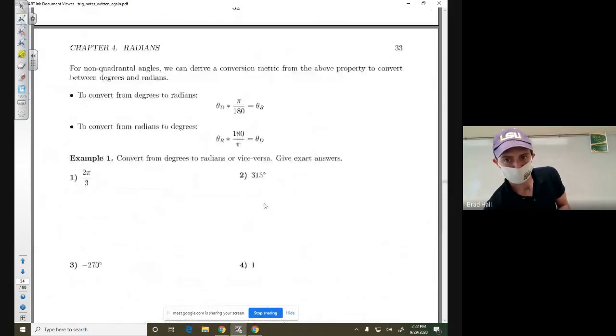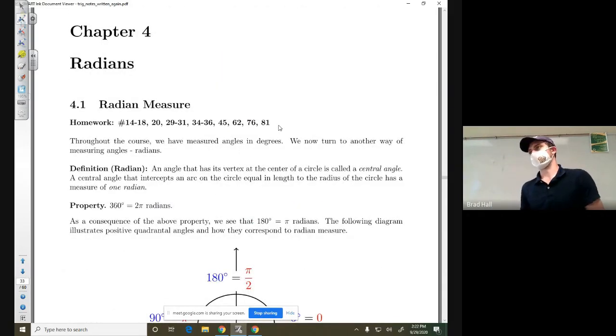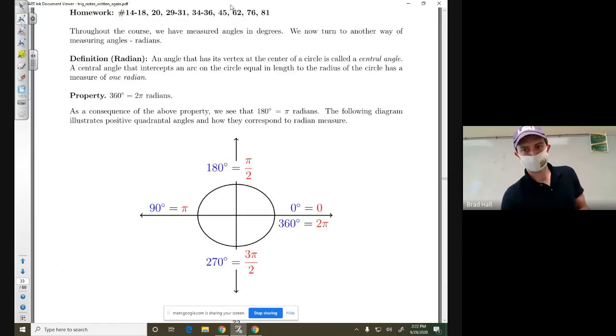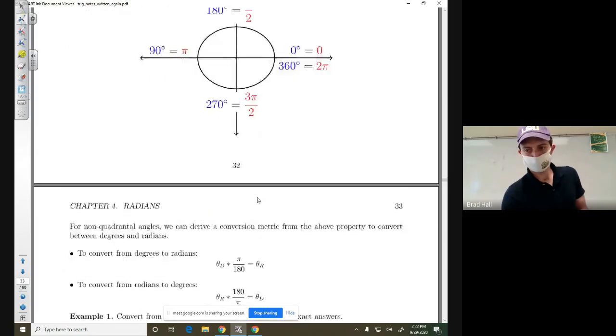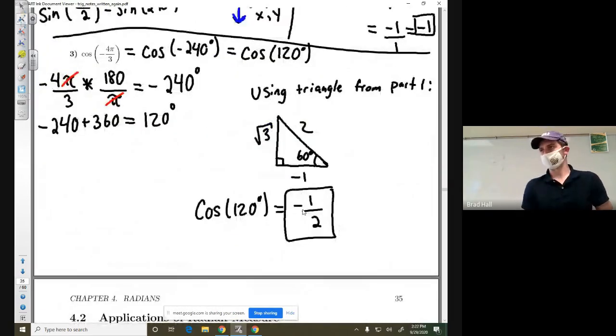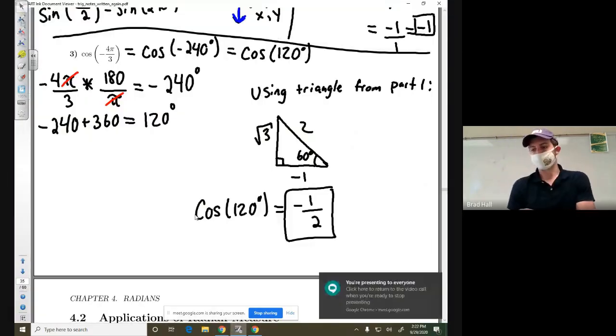A lot of them are going to be convert this, convert that. A little boring, but in fact, I might take off some of these. I don't know yet. I'll just send out an email to say, hey, there's a lot of redundancy here. Let's not do as many problems. For now, it stays. But so Friday at 11:59 p.m. That's when 4.1 and 4.2 will be due.